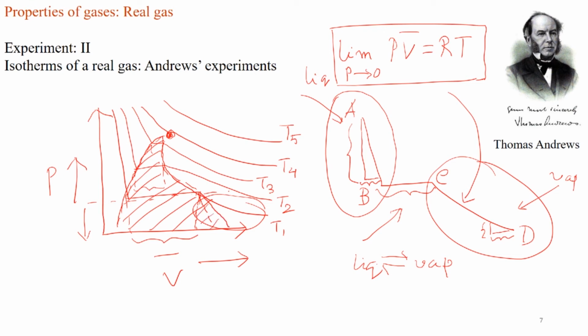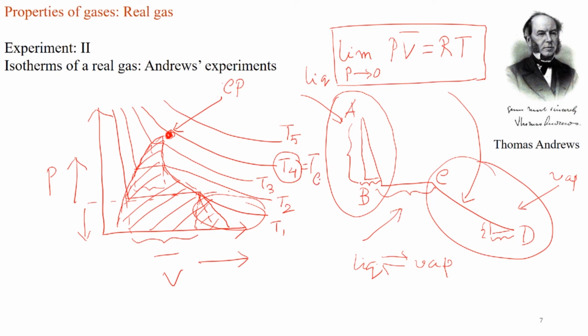Now above this temperature, which is T4 in this case, the substance always behaves as gas. So this point in the isotherm is called the critical point, and the corresponding temperature at which the critical point occurs is known as the critical temperature.